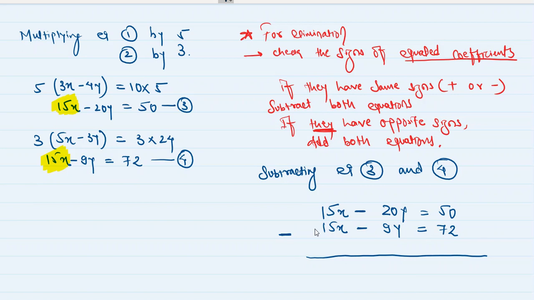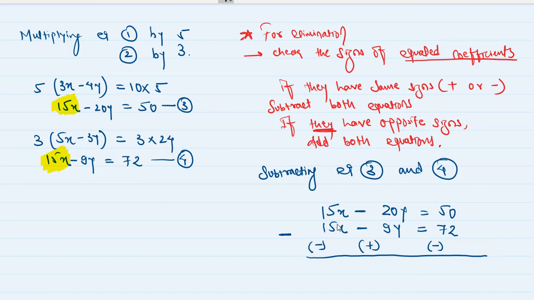So this 15x has got plus sign, it will become minus. This minus 9y will become plus 9y, and this 72 which has got plus sign, it will become minus 72. Now forget their original signs. Now all you have to operate on these pair of linear equations is based on the signs which are written in the bracket over here.